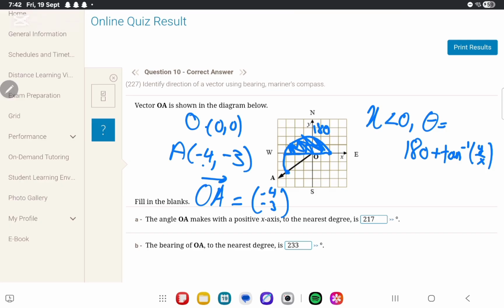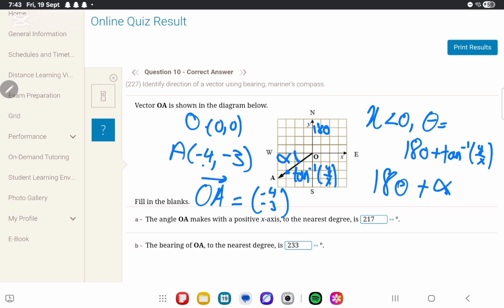Now, this angle here, we know from the formula, is tan inverse y over x. So how did we get 180 plus tan inverse y over x? Let's not call this theta, let's call this alpha. It's actually 180 plus alpha to find the total angle.